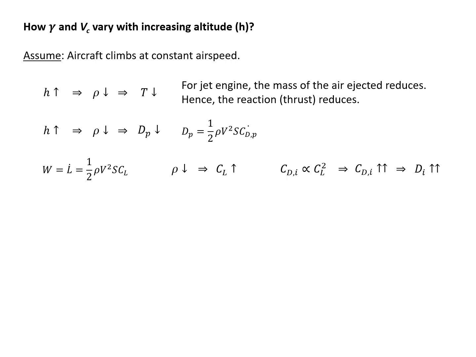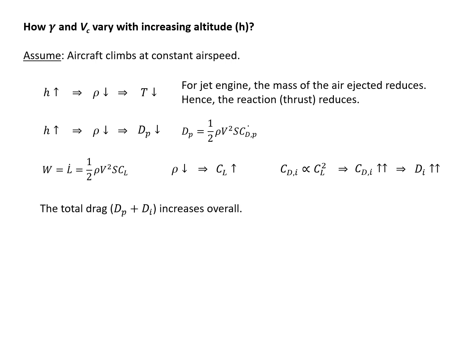In this case, because CDi is proportional to CL squared, CDi increases at a higher rate. So we have two arrows here to indicate faster growth. So Di growth increases faster than CL.